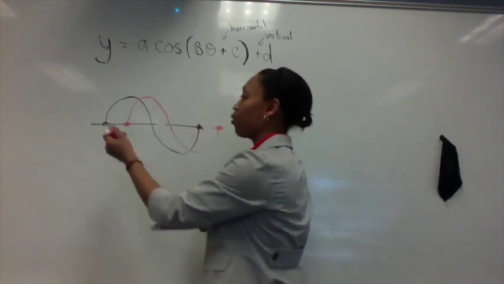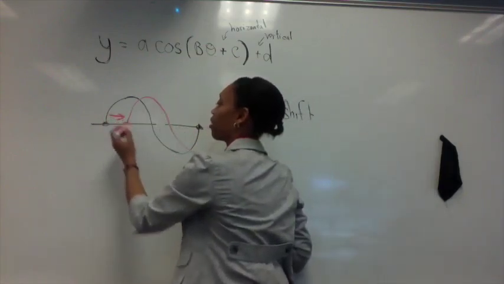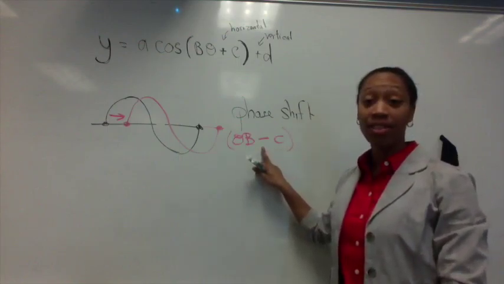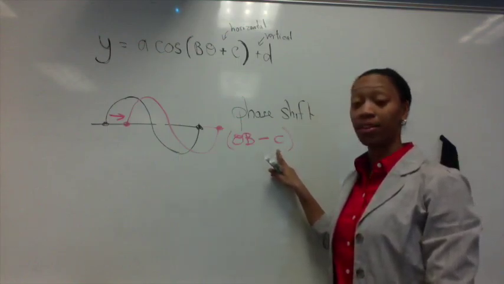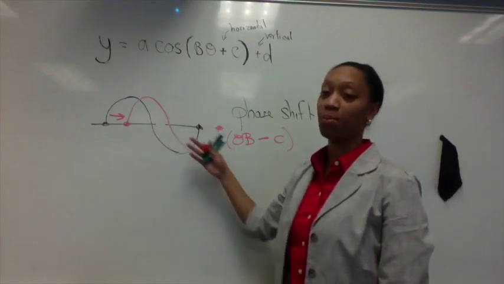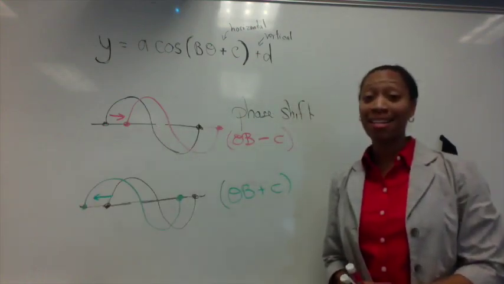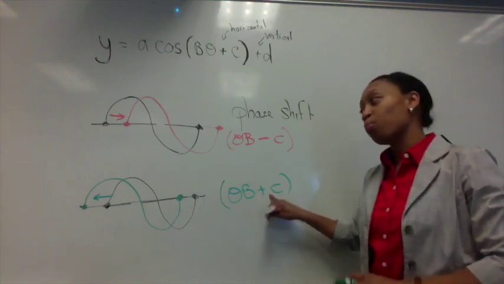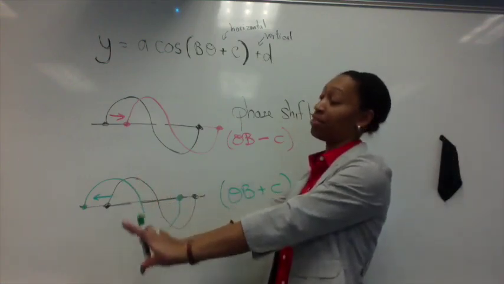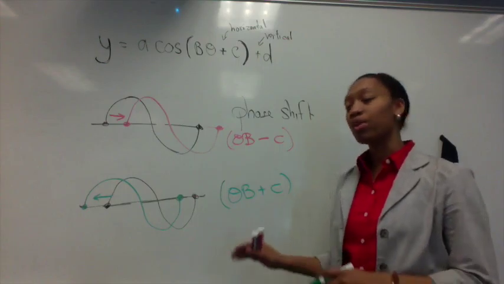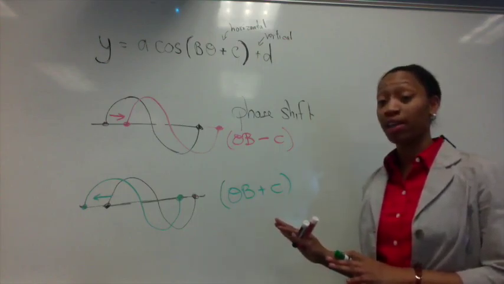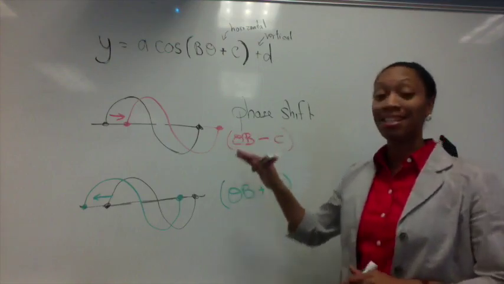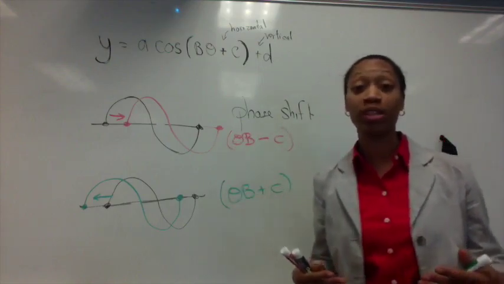So since I moved this positive, I must have a negative C. This negative C here means that my shift is going to be positive, whereas a positive value of C would move the graph negative to the left. So this is just like when we were learning with quadratics. The C value, adding to the x's, moves opposite than what you would expect.